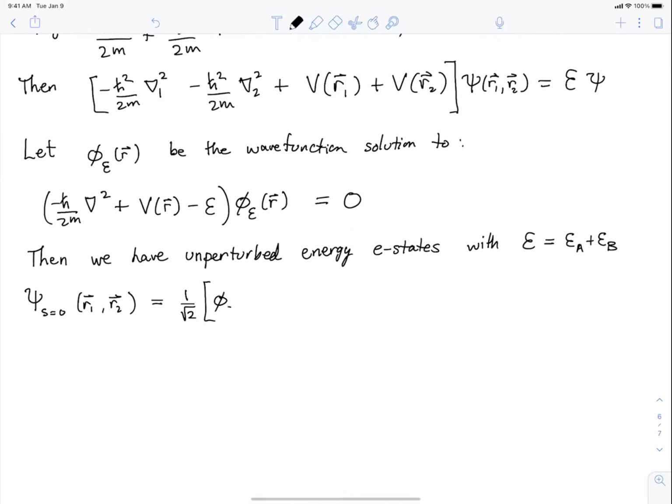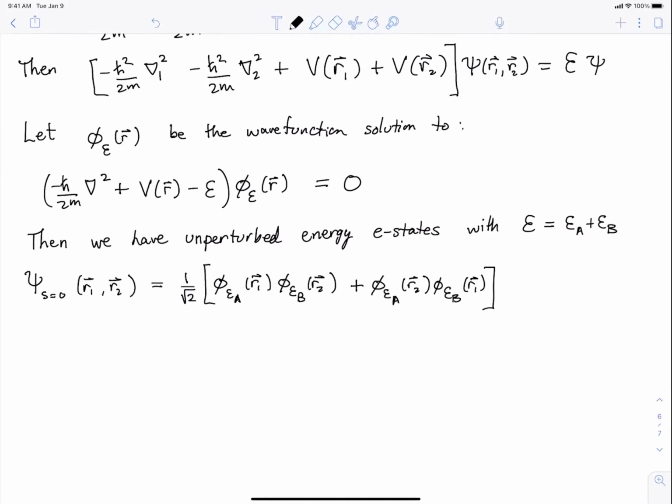I have my wave function for energy A, which I assign to coordinate 1, and for energy B, which I assign to coordinate 2. But then I'm told that this thing has to be symmetric, so I have to add to that the same thing, but with the spatial coordinates interchanged. That will make it symmetric. And it's really the only way I can make it symmetric. And then I include the 1 over root 2 to make it be normalized in the right way. Okay, and so this is for the spin singlet.